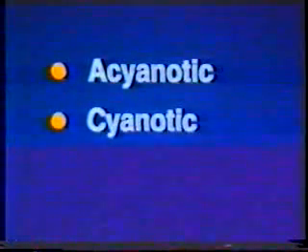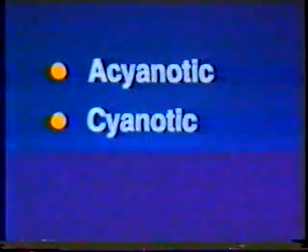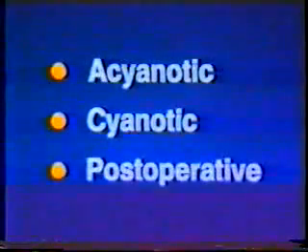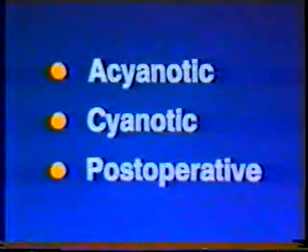We will first discuss the 2D and Doppler features of acyanotic lesions, followed by discussion of a systematic and segmental approach for evaluation of patients with cyanotic as well as complex lesions, and finish with evaluation of post-operative congenital cardiac patients.